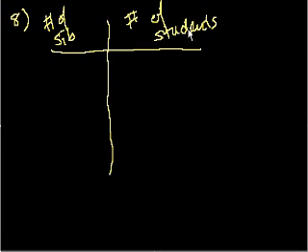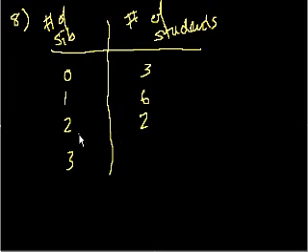The table above shows how many students in a class of 12 preschoolers had 0, 1, 2, or 3 siblings. So 3 kids had 0 siblings, 6 kids had 1 sibling, 2 kids had 2 siblings, and 1 kid had 3 siblings.